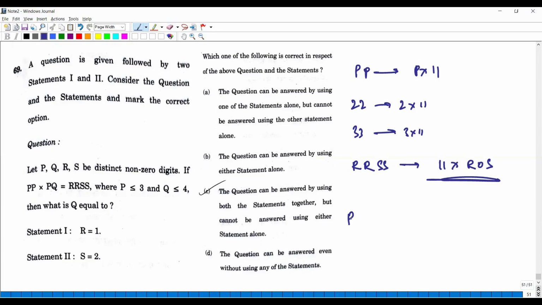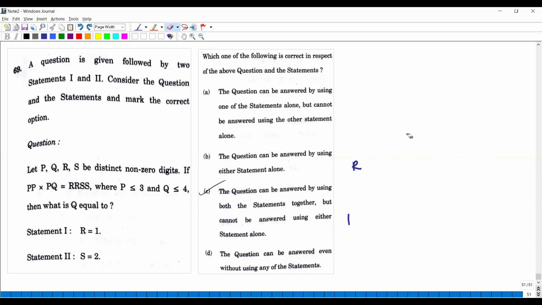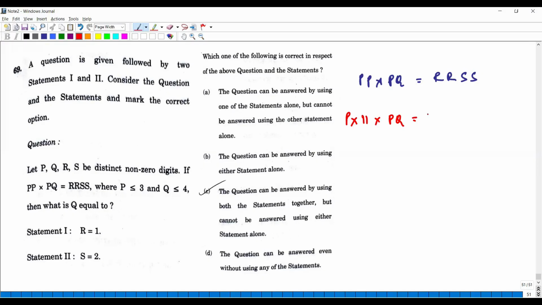So P into 11 into PQ is equal to 11 into R0S. The 11s cancel, so P into PQ is equal to R0S.